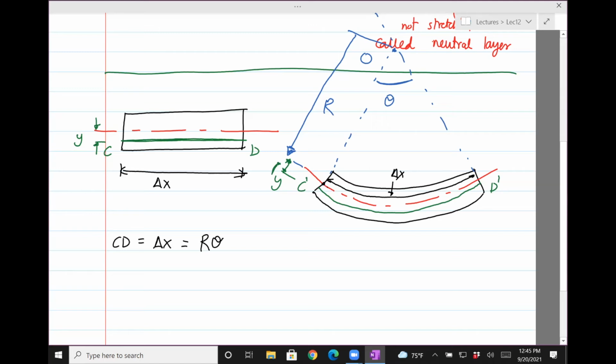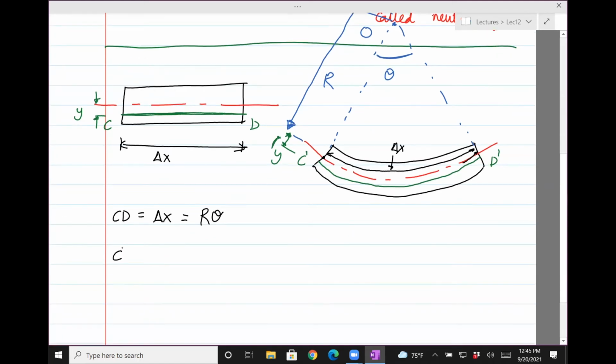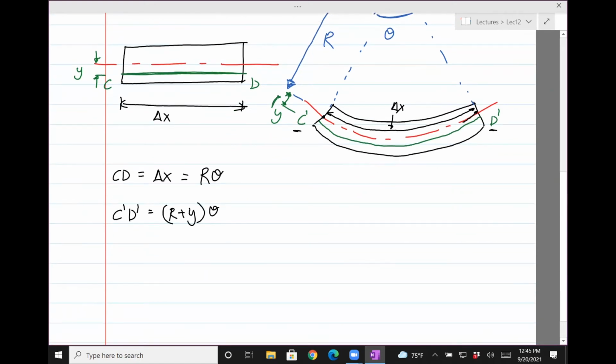And then we have C prime D prime, which is the stretched length at a distance y from the neutral axis. Since it's at a distance of R plus y from the center, its arc length is R plus y times theta.